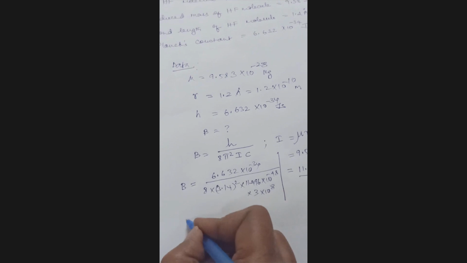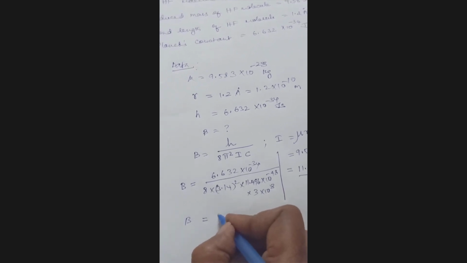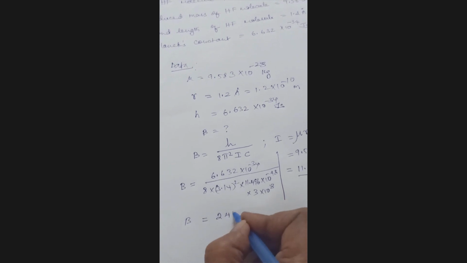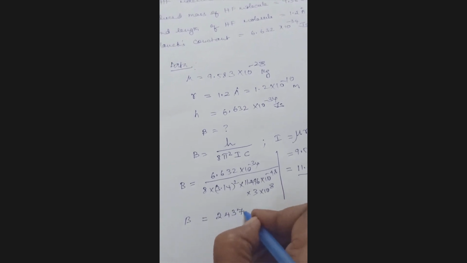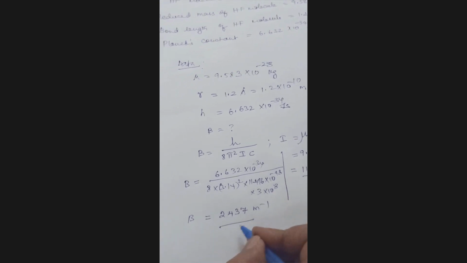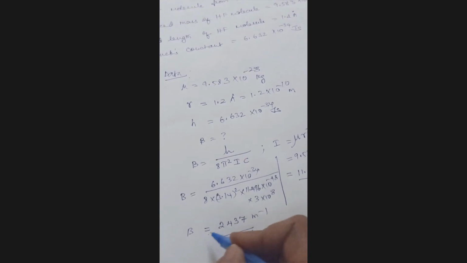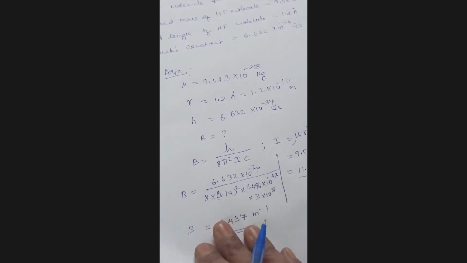On simplification, we get B to be equal to 2437 per meter. This is the rotational constant B, which we have found out. Now the fourth problem we have solved.